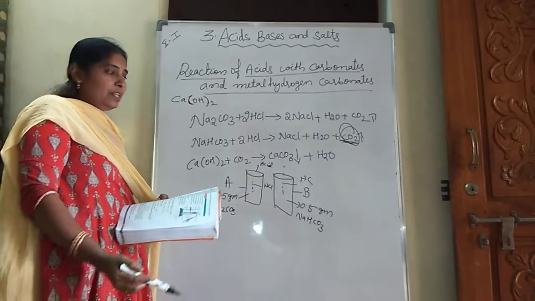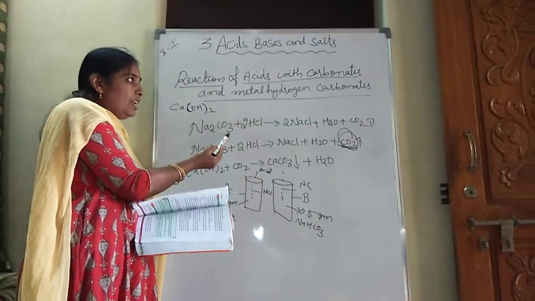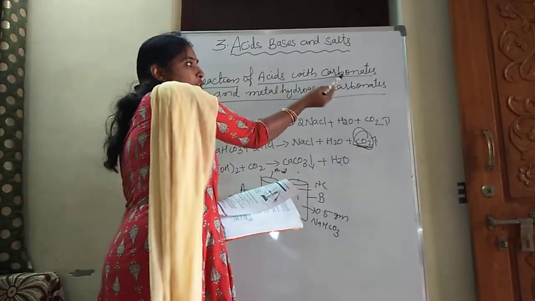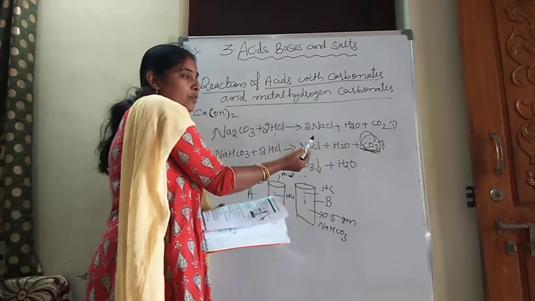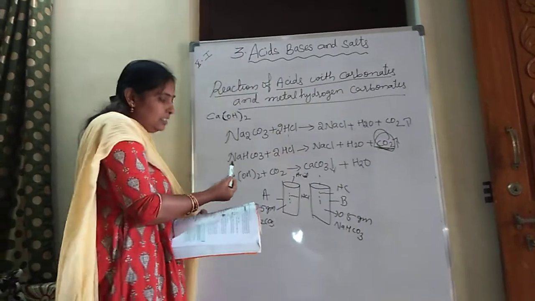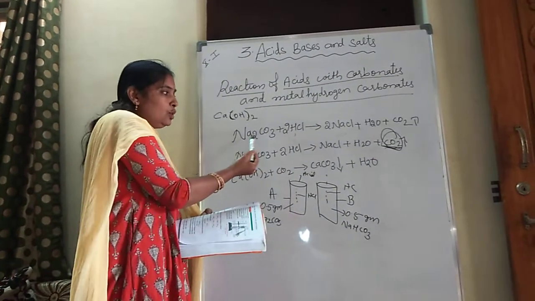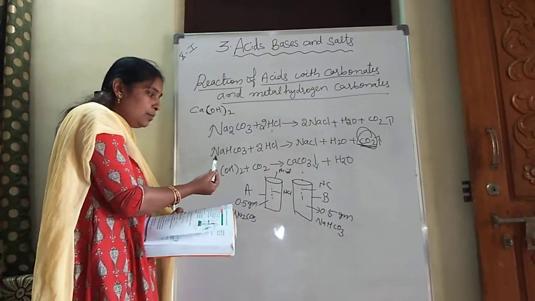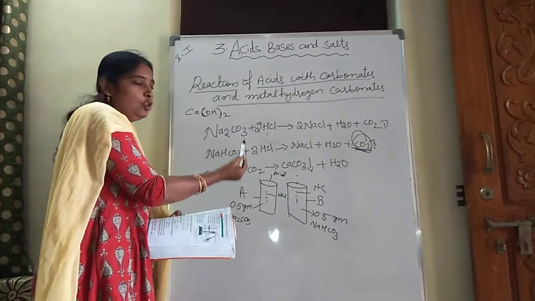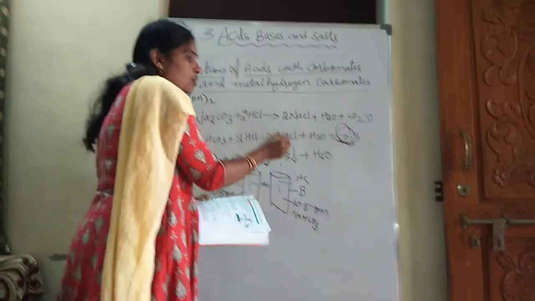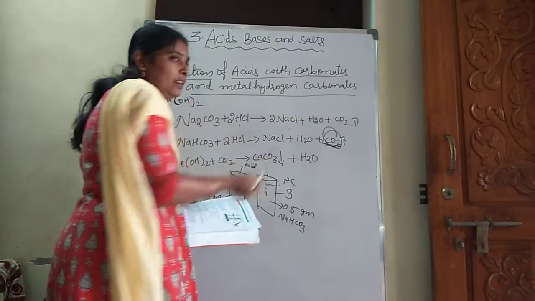Once again I am repeating, sodium carbonate reacts with acid. What is our aim? Acid reacts with carbonates, and what does it form? Sodium chloride, water and carbon dioxide. Here we are using Na2CO3, a metal carbonate, sodium carbonate, and sodium hydrogen carbonate. When it reacts with hydrochloric acid, it forms sodium chloride, water and carbon dioxide.